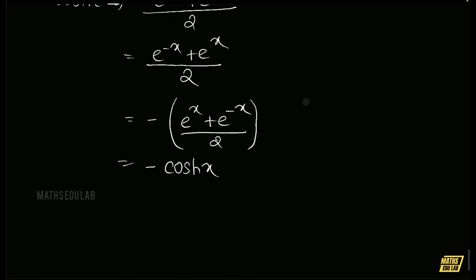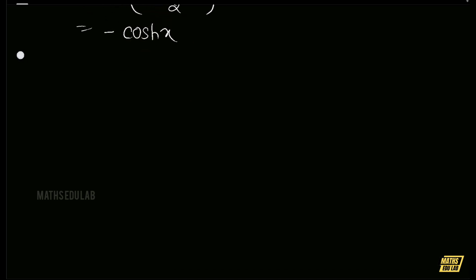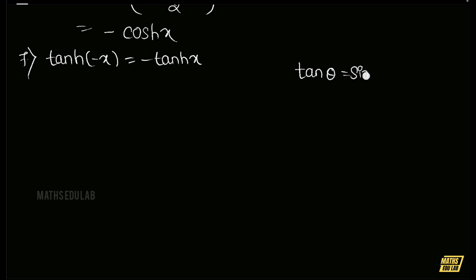Now the last one is tanh hyperbolic minus x, which is equal to minus of tanh hyperbolic x. So let's solve this one. For this we know tan theta is equal to sin theta by cos theta.